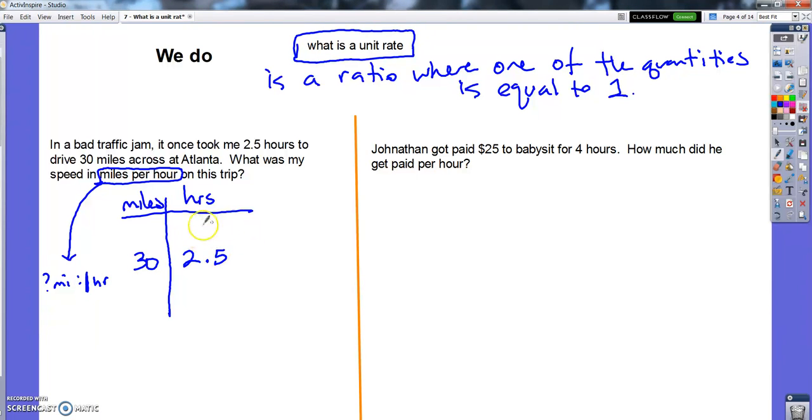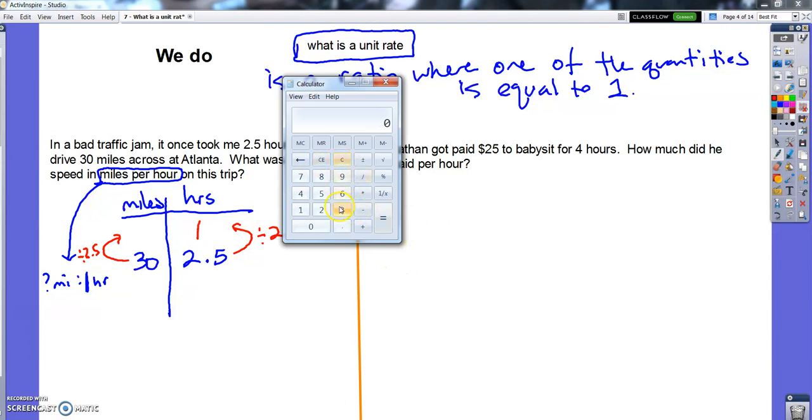So I know I'm looking for this figure back here. Instead of 2.5 hours, I want 1 hour. So to get to 1 hour, I would divide by 2.5. So that means to keep the ratio the same, I also have to divide the miles by 2.5.